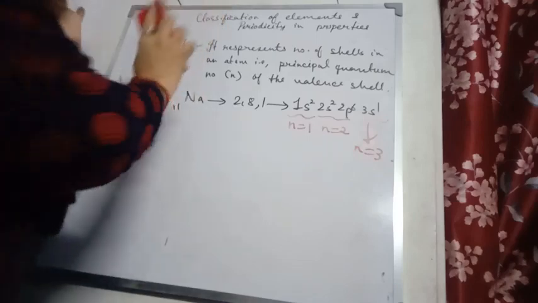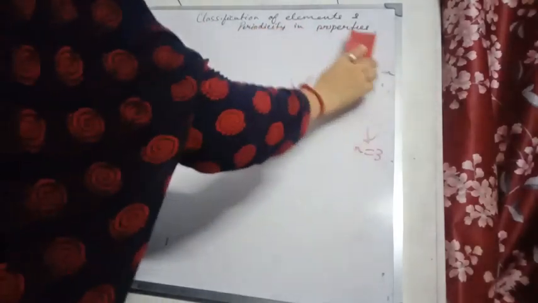Now, if I make a chart, we know there are 7 periods. What are the orbitals present in those periods? What are the elements present in those periods?